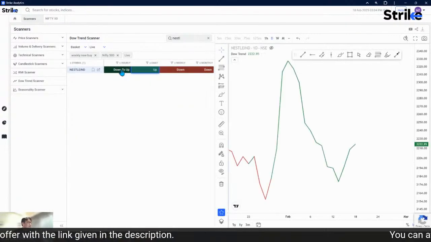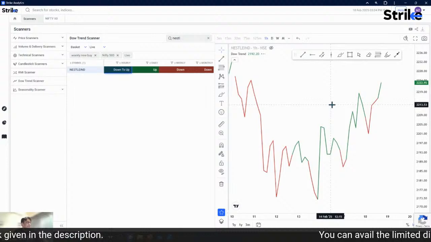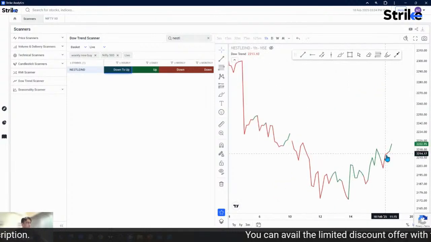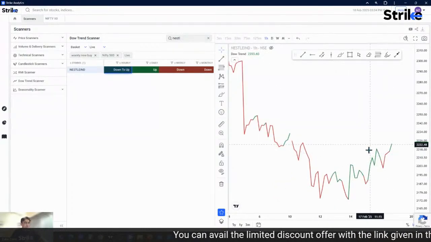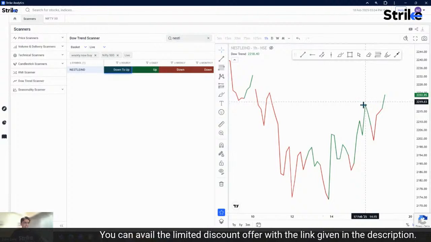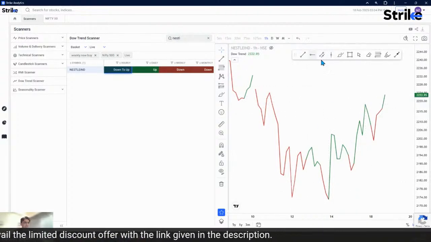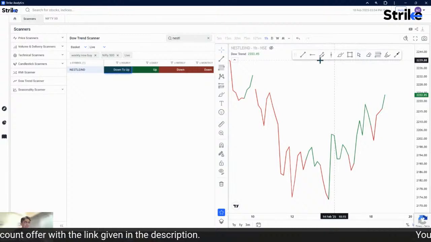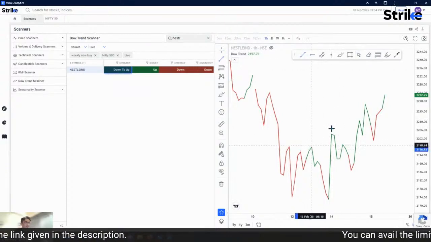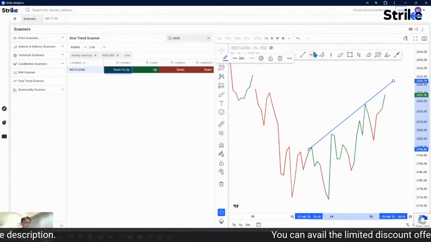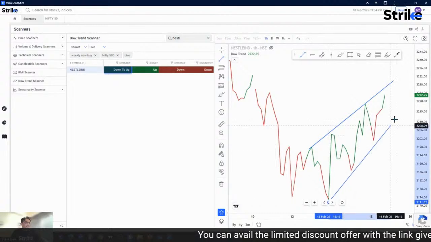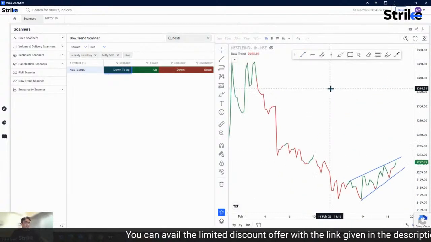on Nestle you can see that the hourly Dow trend has converted from down to up. A major top has been breached over here. It is a big top. So the stock is right now, on the hourly time frame, trading in this particular channel.